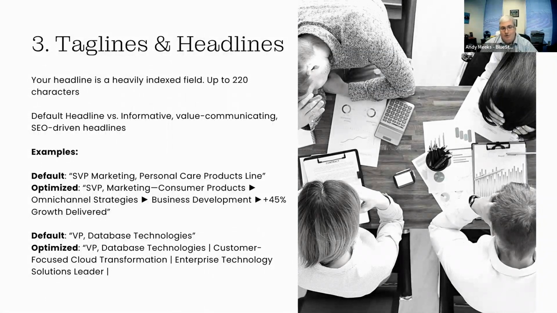Or a lot of people like to put a horizontal slash in this, and talk about keywords: customer focused cloud transformation, enterprise technology, solutions leader, strategic planning, business transformation, all of these things. These would be the keywords that you want to define, that are part of your executive brand, and need to be part of that headline.